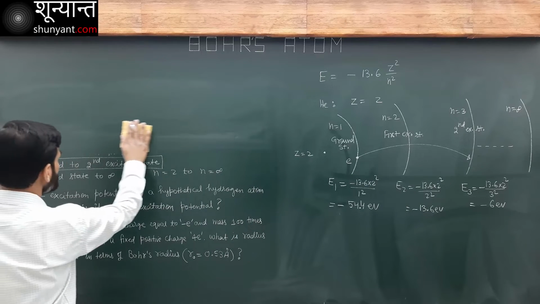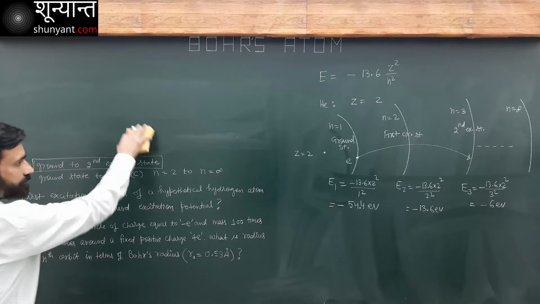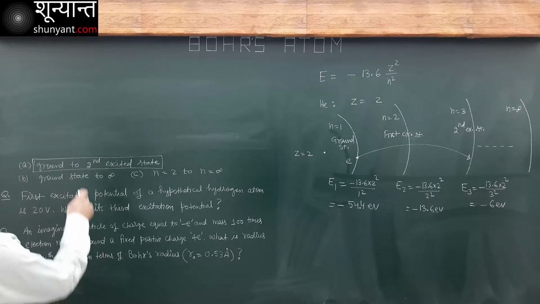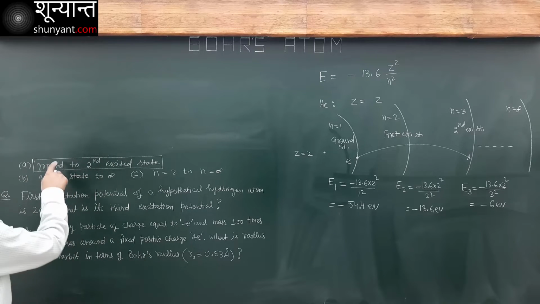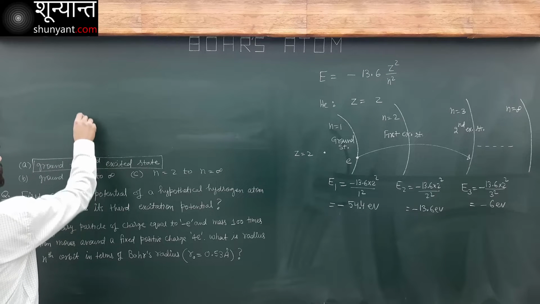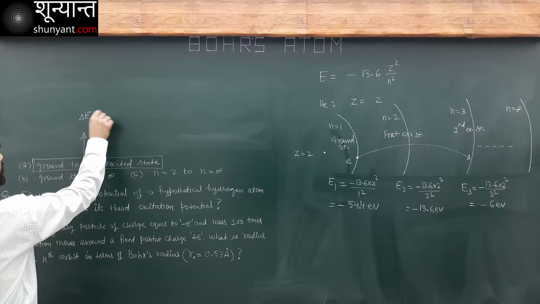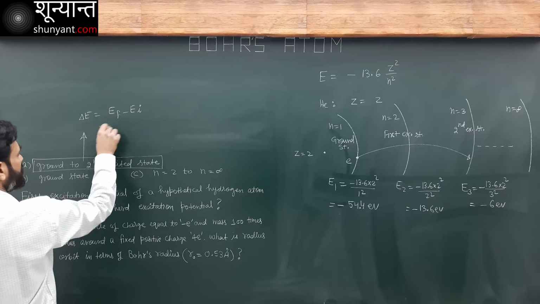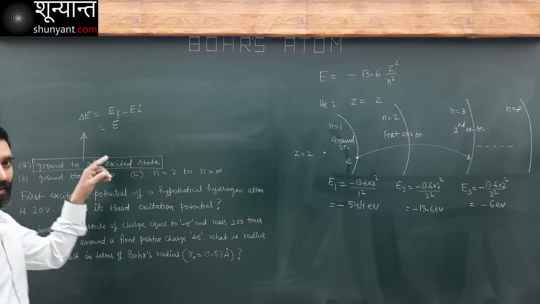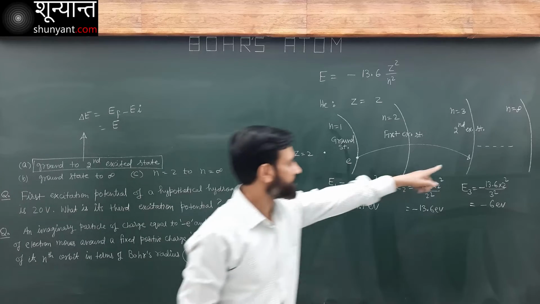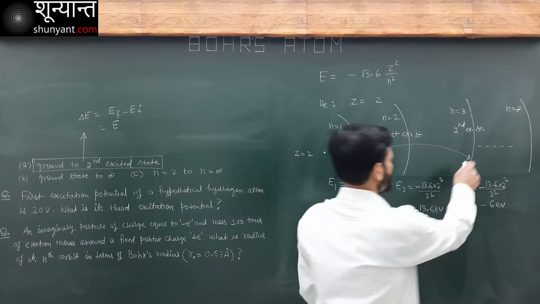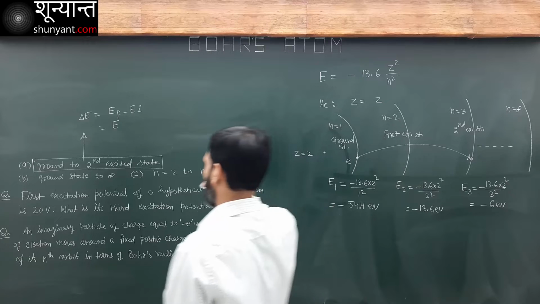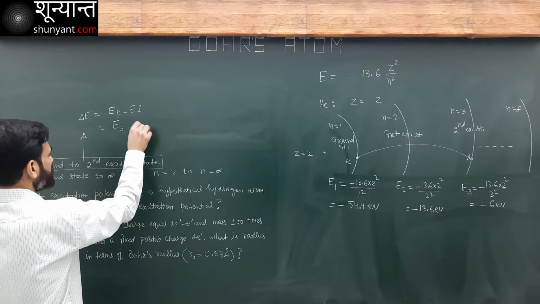If I want my electron to go from ground to the second excited state, I need to supply energy. This delta E will be equal to final energy minus initial energy. Energy in the second excited state, which is the third state, will be E3. So it is E3 minus E1.